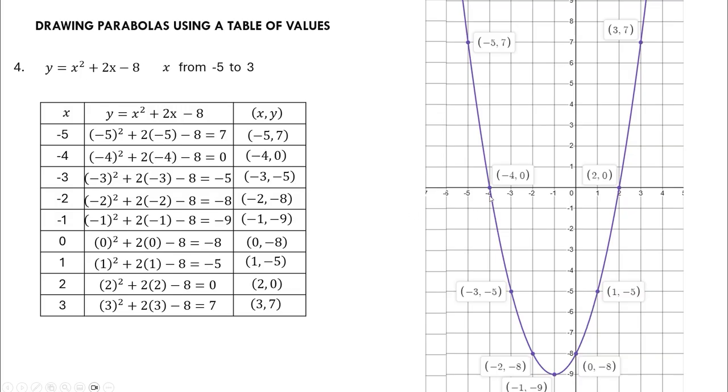Our x-intercepts, or the places where the graph crosses the x-axis, are -4 and 2. Our vertex is -1, -9, right here, the pointy part where it changes direction. And our y-intercept is -8. This is the point where the graph crosses the y-axis.